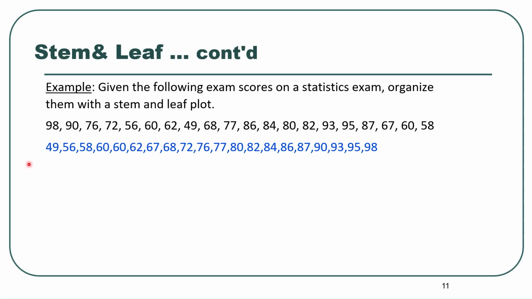Since I just have the tens digit and the units, my stems are going to go from 40 till 90, and I'm going to put the leaves. The unit of my stem is 10, and the unit of the leaf is 1, and these are my stems going from 4 to 9.